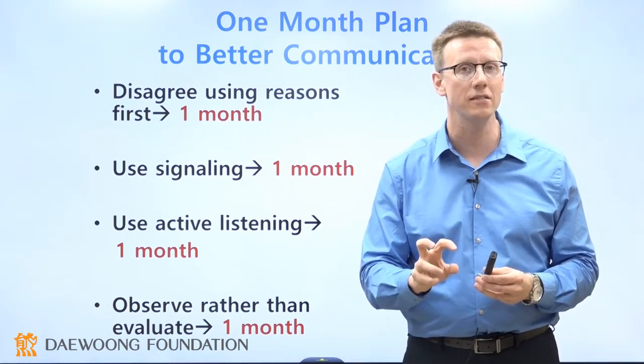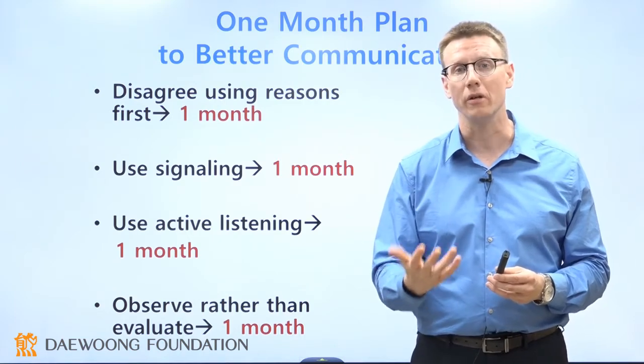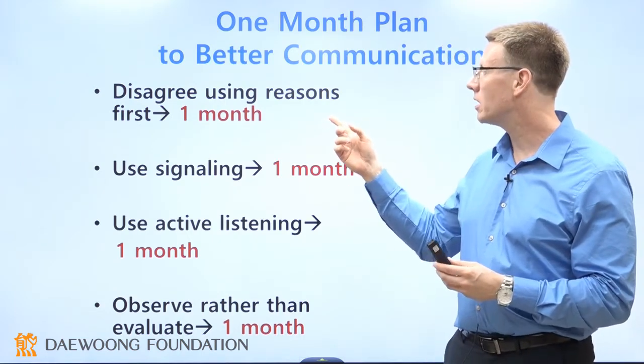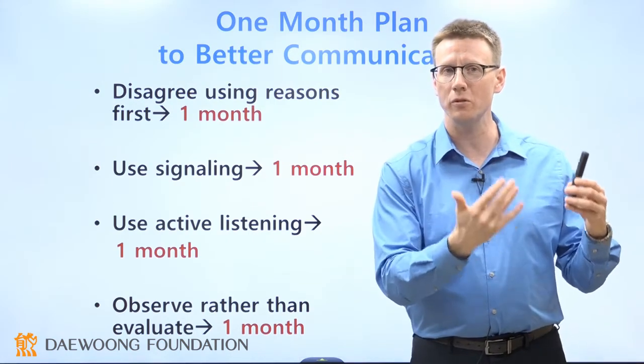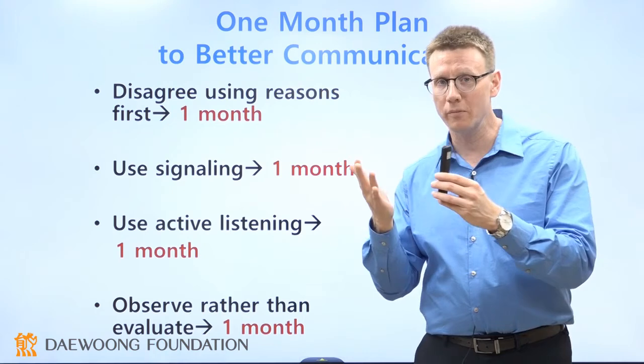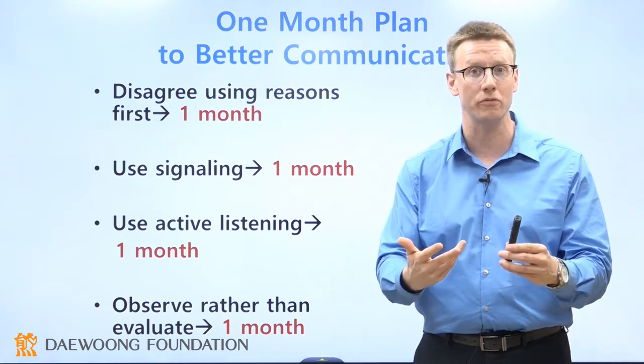You practice that skill until it becomes a habit for you, until it becomes very natural for you. So for example, for 1 month, every time you disagree, try to give your reasons for disagreeing first and put the disagreement at the end of your sentence until that becomes easy for you and natural for you.